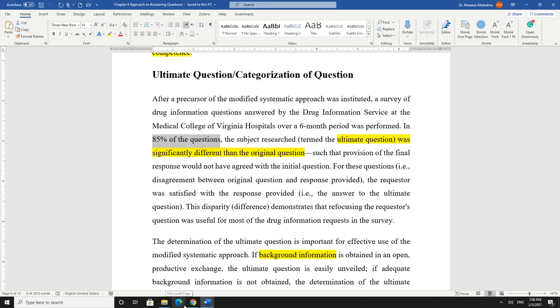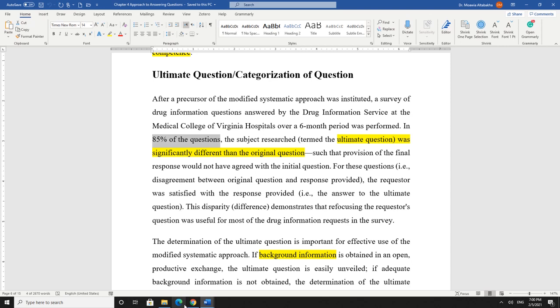Okay, suppose you determine the ultimate question. Do you just stop or do you have to confirm it with the requester? Let's say the requester is telling you, will cinnamon be good for blood glucose level? And after discussing what really the requester question is, for example, what food should I take?